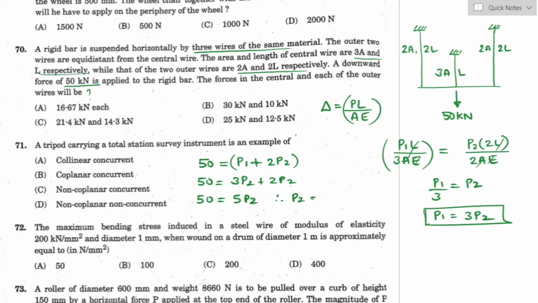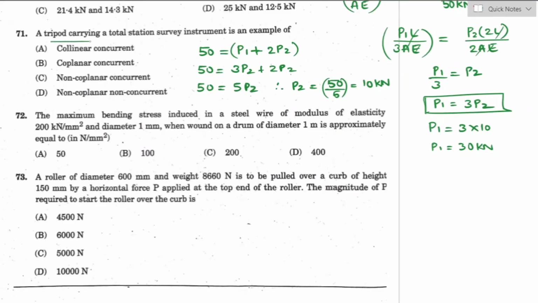Therefore P2 is equal to 50 divided by 5, which is equal to 10 kN. Substituting value of P2 in this equation, P1 is equal to 3 times of 10, which is equal to 30 kN. So the forces in the central and each of the outer wires will be 30 kN and 10 kN respectively. Option B is the right answer.